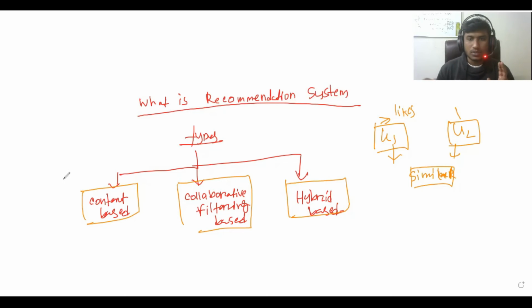Similar interest. Suppose user one has selected one movie, say Iron Man. He or she got a recommendation from the recommender system based on this Iron Man.